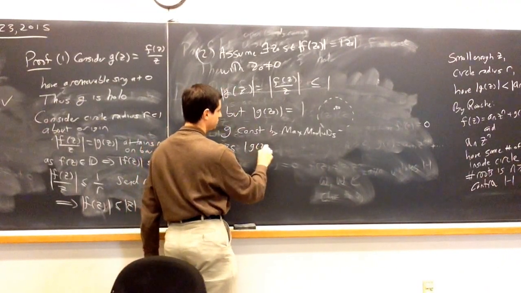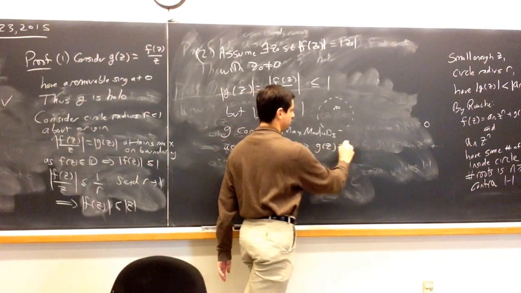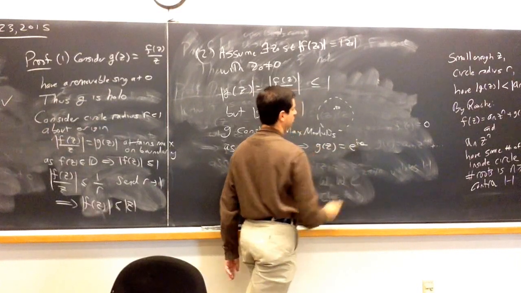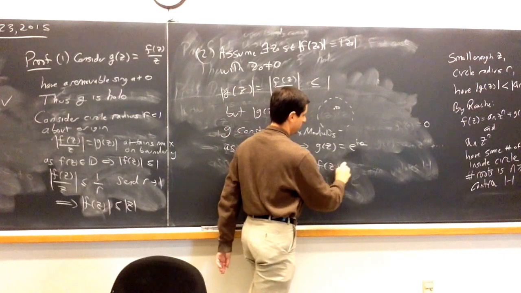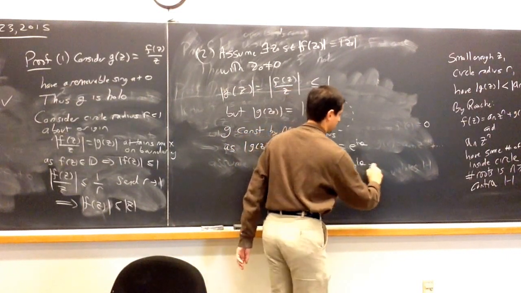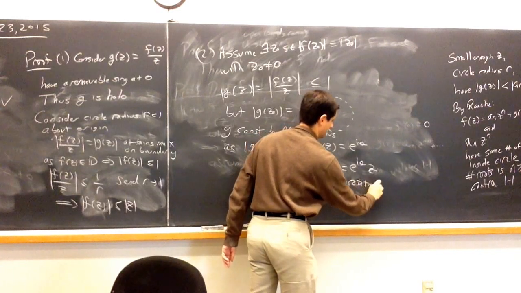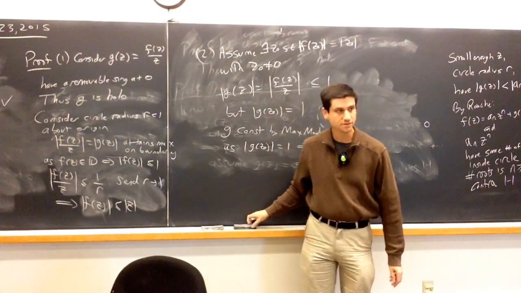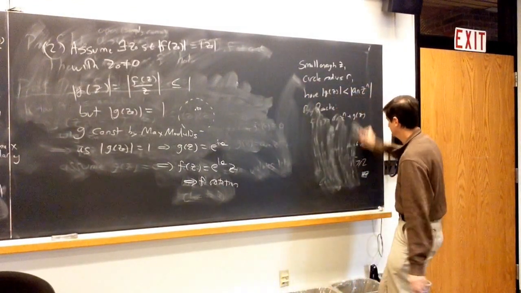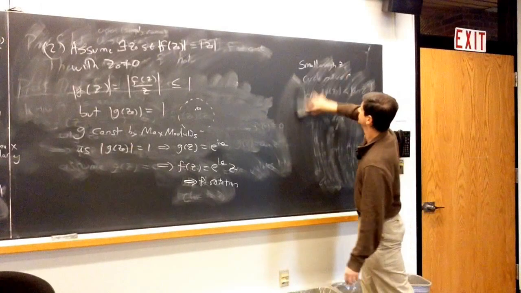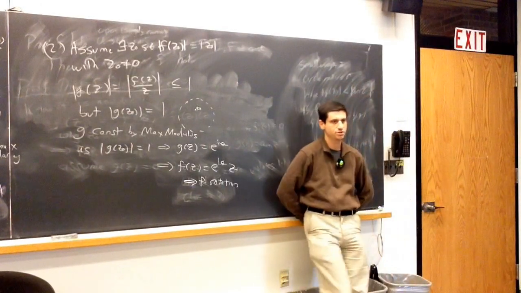As the absolute value of g of z naught equals 1, that implies g of z equals e to the i theta. If g is just f over z, then f of z is e to the i theta times z, therefore f is a rotation. That's nice. The only way we can have f of z having the same value is if it's a rotation.